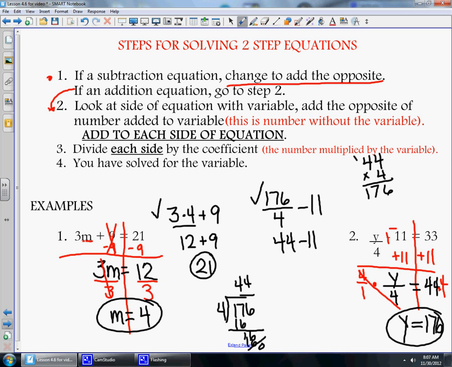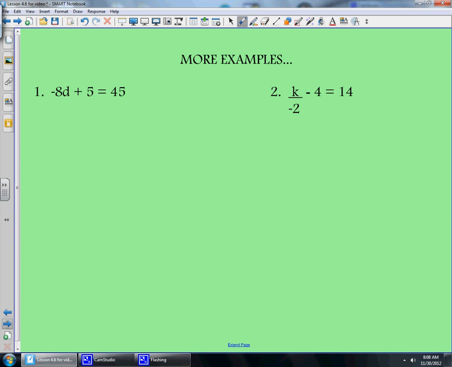And 44 minus 11 is 33, which is this answer right here. So this is correct. There's the solution. Y equals 176. Let's look at some more examples.